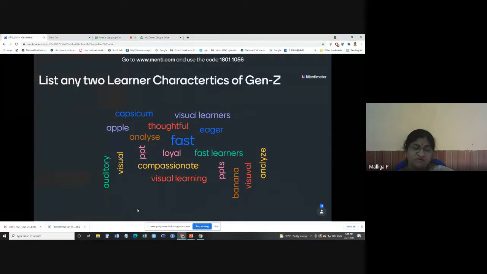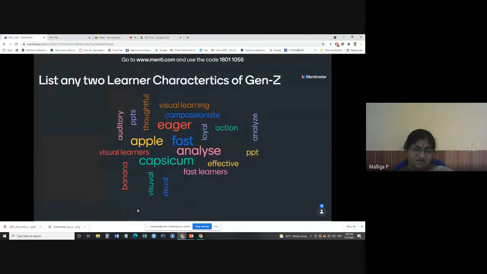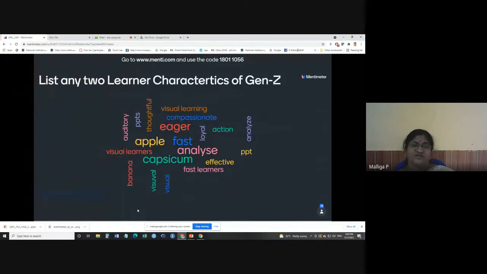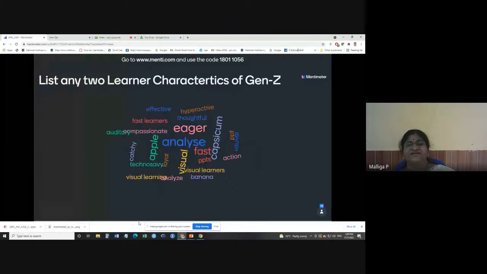You know about them very well. How do they learn? What are the learner characteristics of Gen Z? Is there any meaning for this one? I do not know what is capsicum, apple, and banana.